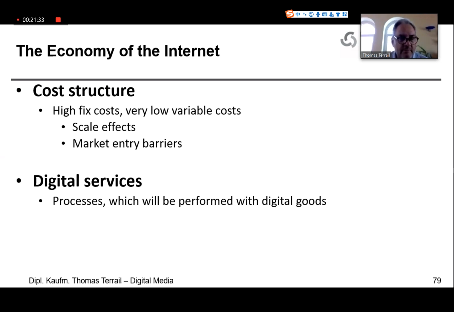The problem of that are the market entry barriers. So first you need a very big investment. If you want to invest into a portal programming, it's very expensive. You need specialists.